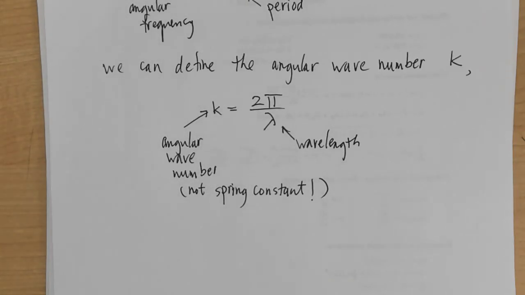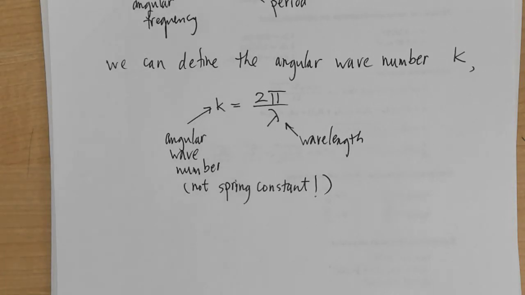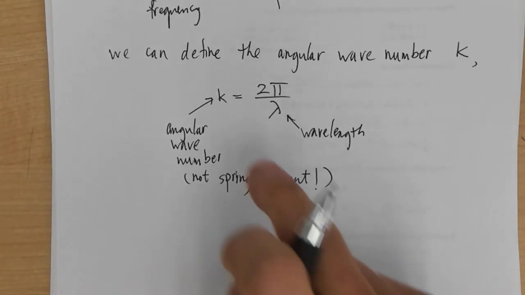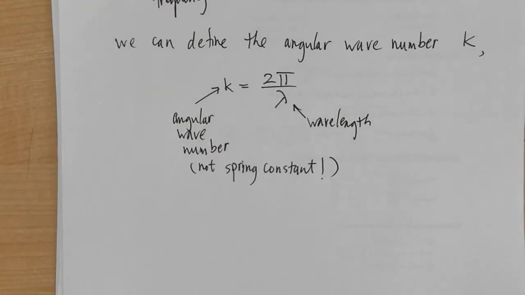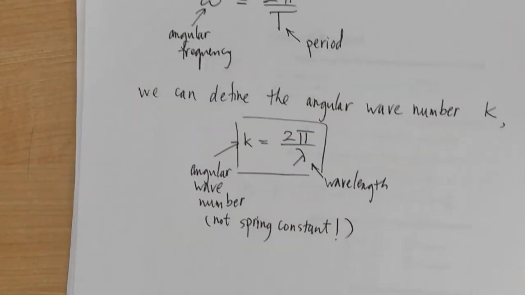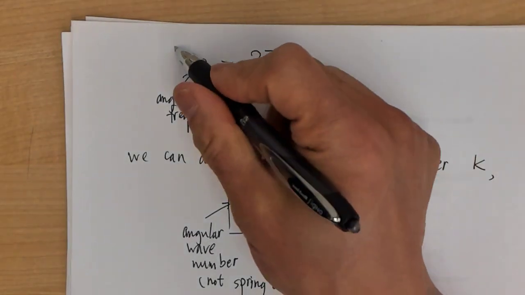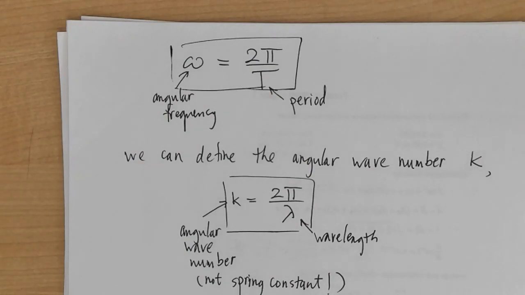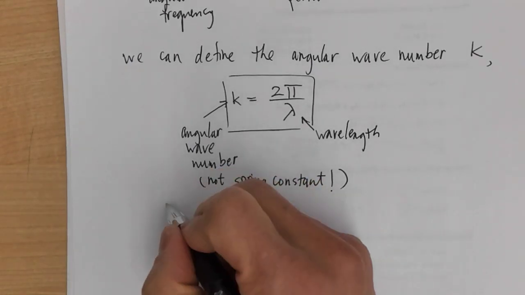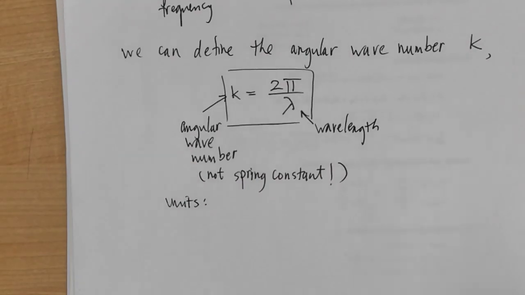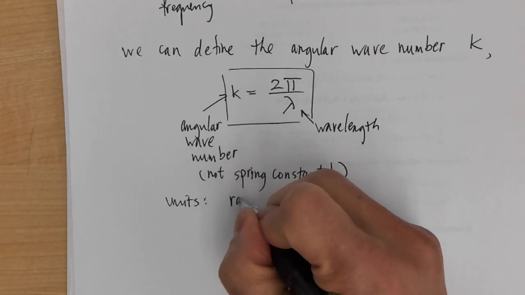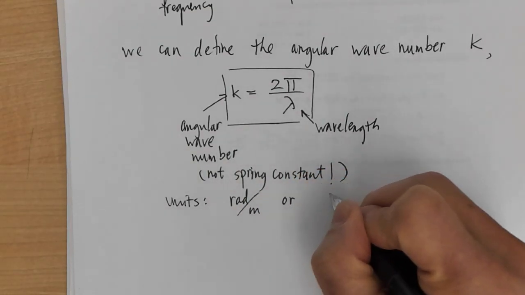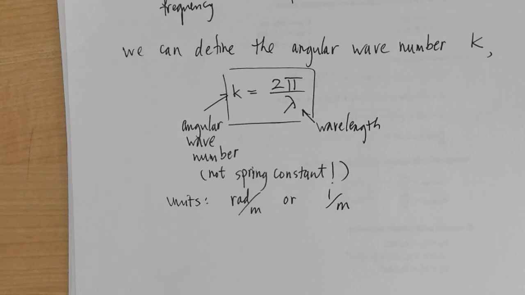If there's a spring in the problem, it is the spring constant. So it's not that hard to figure out. Small k in this instance is the angular wave number. It's defined as 2 pi over lambda, just as we had omega is 2 pi over T. The units for the angular wave number are radians divided by meters, or if you don't write radians out explicitly, it would just be inverse meters.